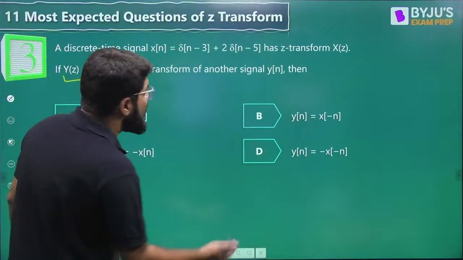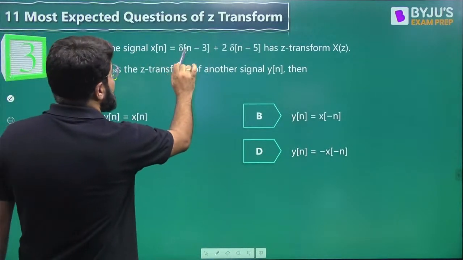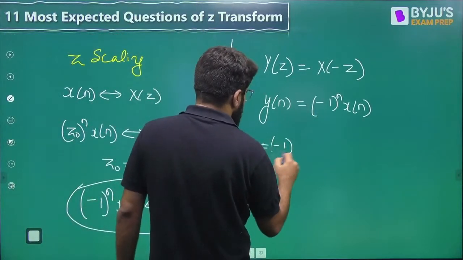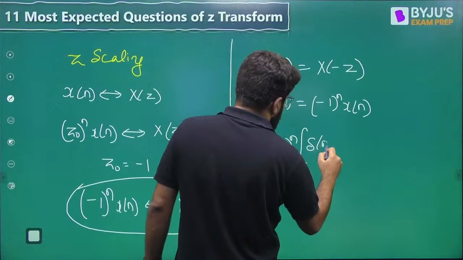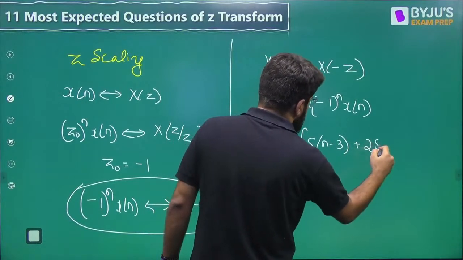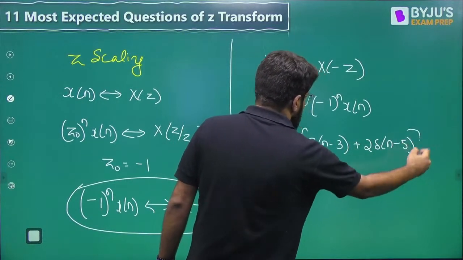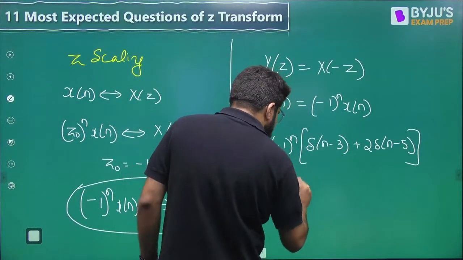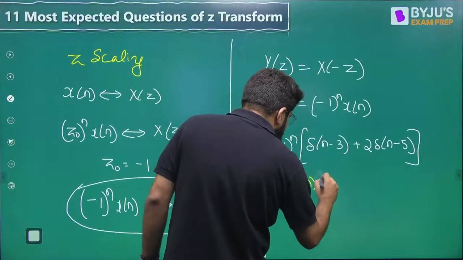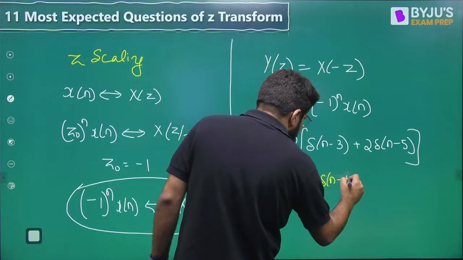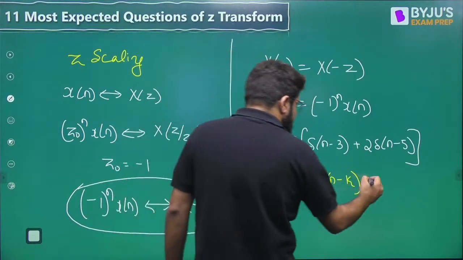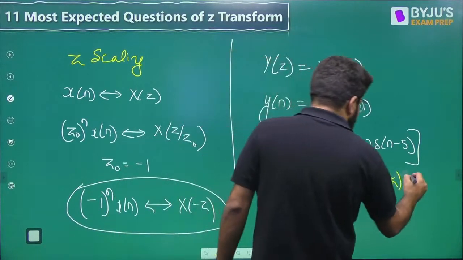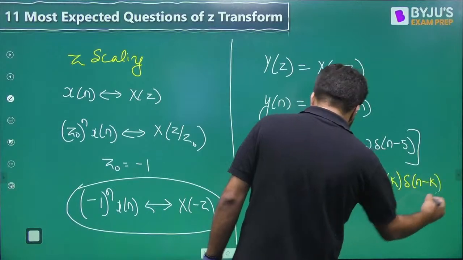So what to do? Then you have to take the signal x[n]. What is x[n]? Delta[n-3] plus 2 delta[n-5]. Here you have to use one simple property: whenever you multiply any function f[n] by delta[n-k], that should be equal to f[k] delta[n-k].